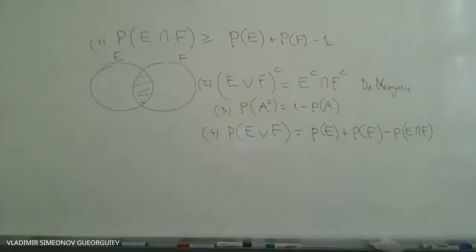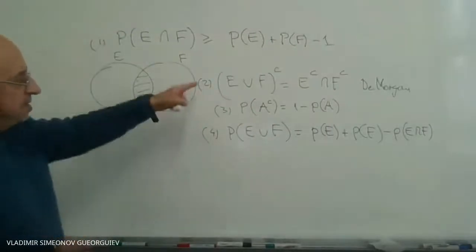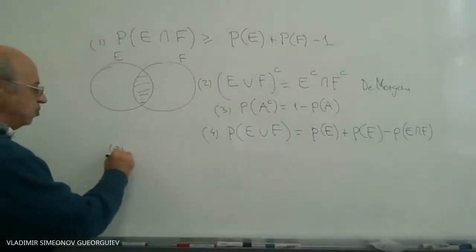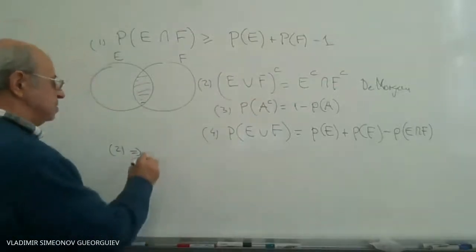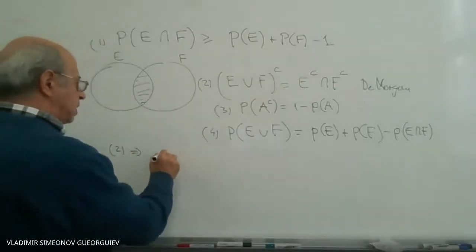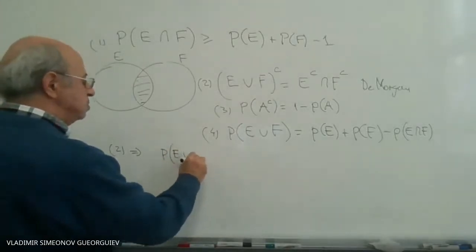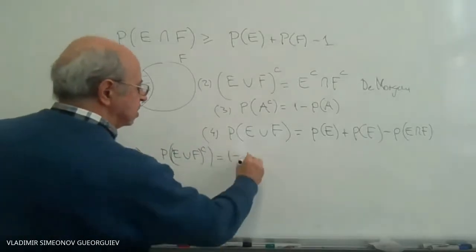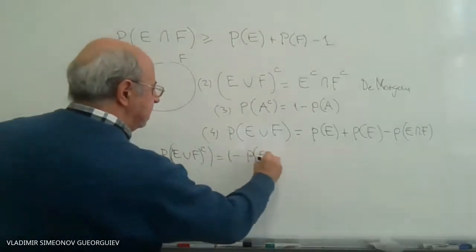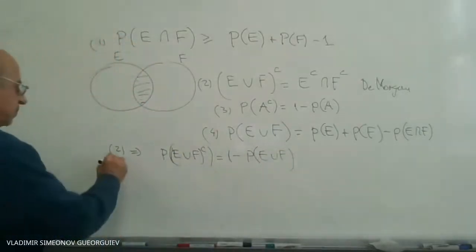How do we do this? Of course, if I take probability in 2, 2 implies the probability of the complementary set, the probability of the complementary set of A union F. This is 1 minus probability of A union F. This is due to 3.